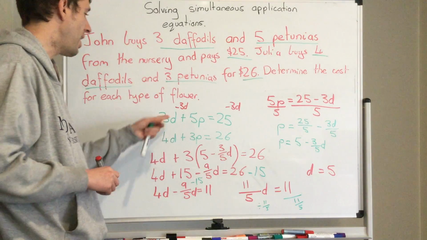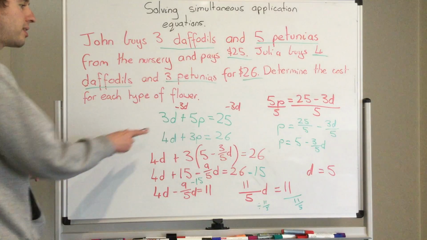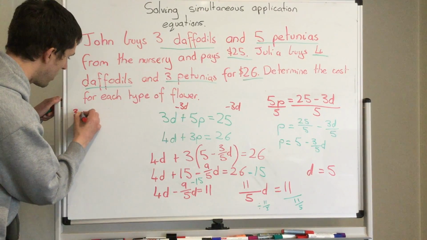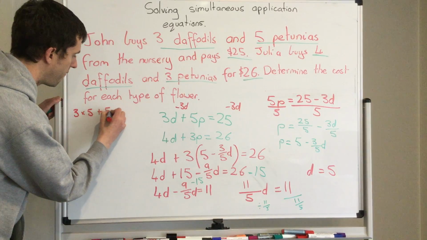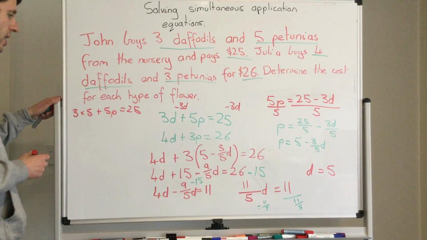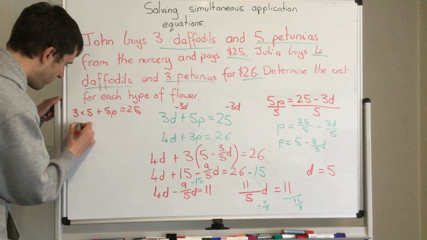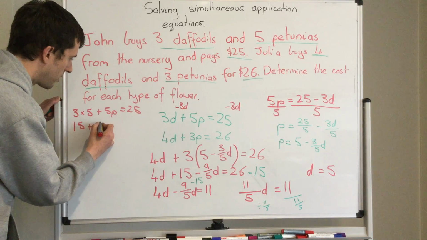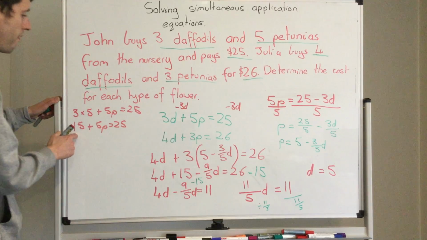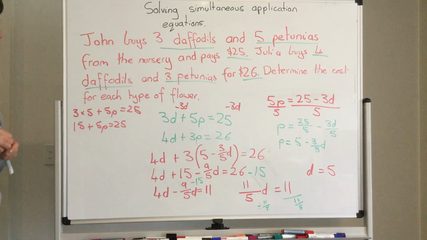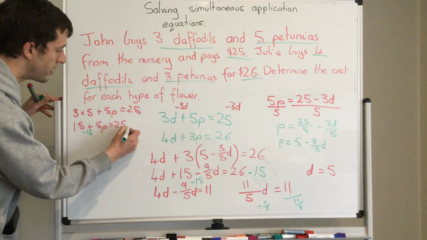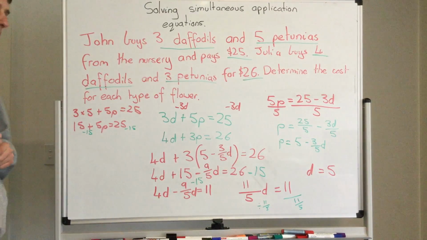Well, we can find that out through substituting D. So over here, I'm going to go 3 times 5 plus 5P equals 25. 3 times 5 equals 15 plus 5P equals 25. I want the 15 on to the other side, so I take 15 away on this side, which means I take 15 from the other side.